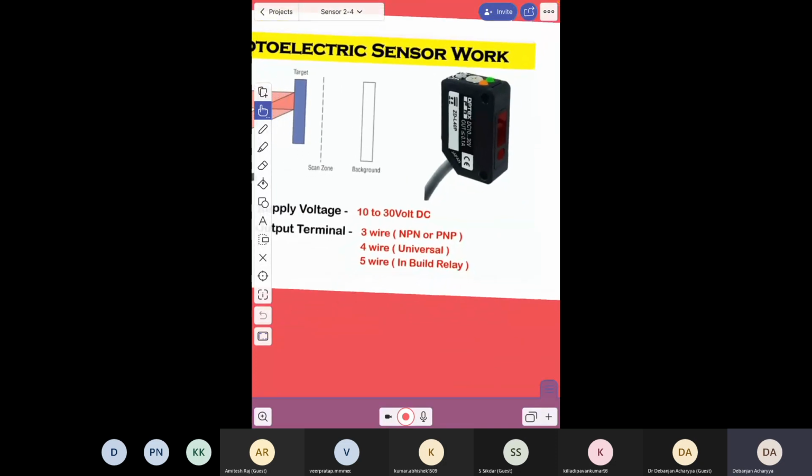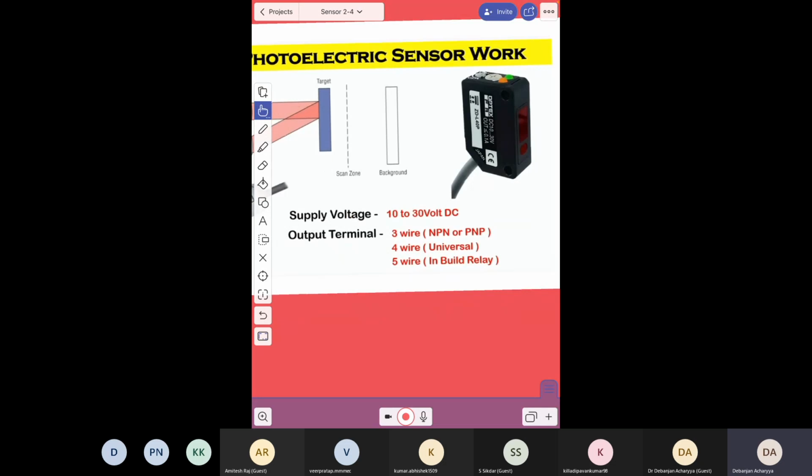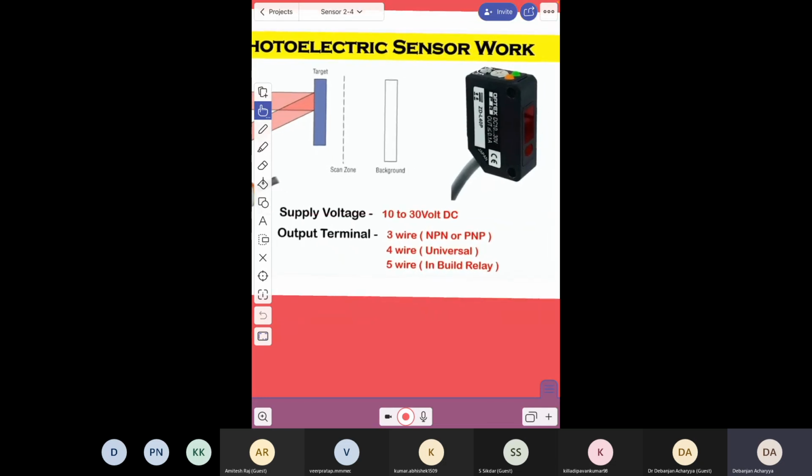Now coming to the output terminals, photoelectric sensors are of three types: 3-wire, 4-wire and 5-wire. In a 3-wire sensor there are two different types of connections: NPN and PNP.